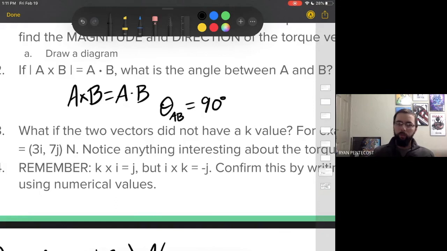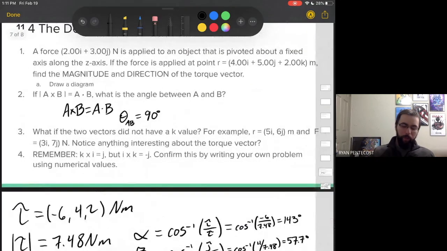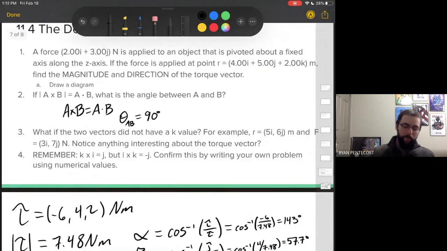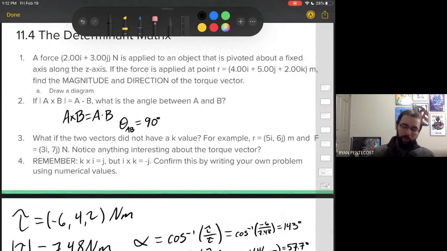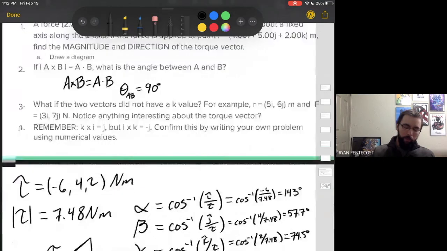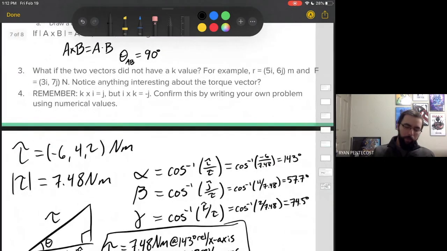They have to be perfectly perpendicular for that to happen. Now, what if the two vectors did not have a k value? For example, r equals 5.6 meters and F equals 3.7 newtons. Notice anything interesting about the torque vector? So let's solve that and see what happens.